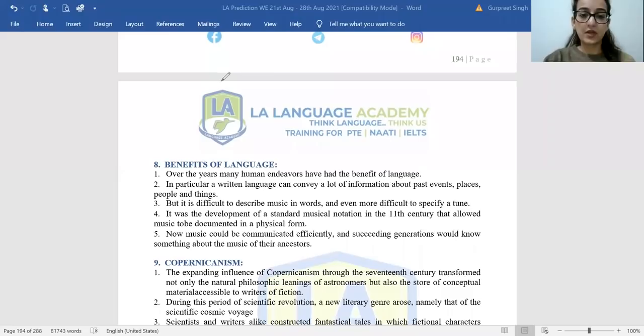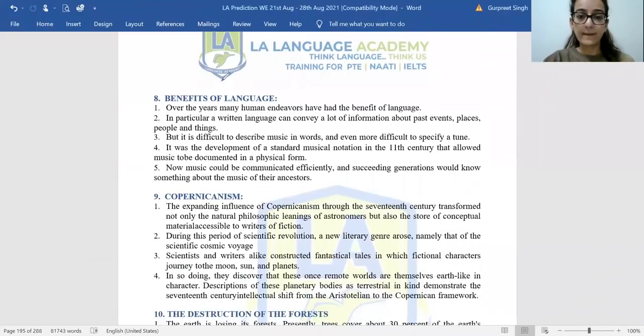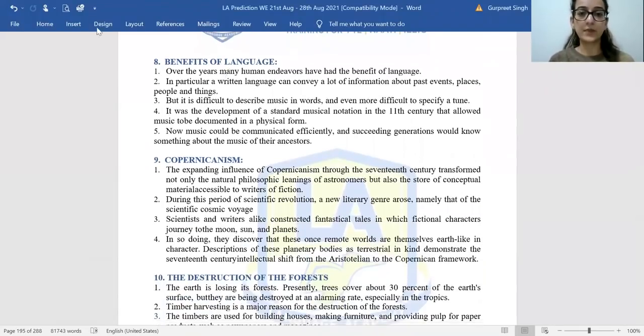And let's move ahead. Okay. So number 9: the expanding influence of Copernicanism through the 17th century transformed not only the natural philosophic learnings of astronomers, but also the store of conceptual material accessible to writers of fiction.